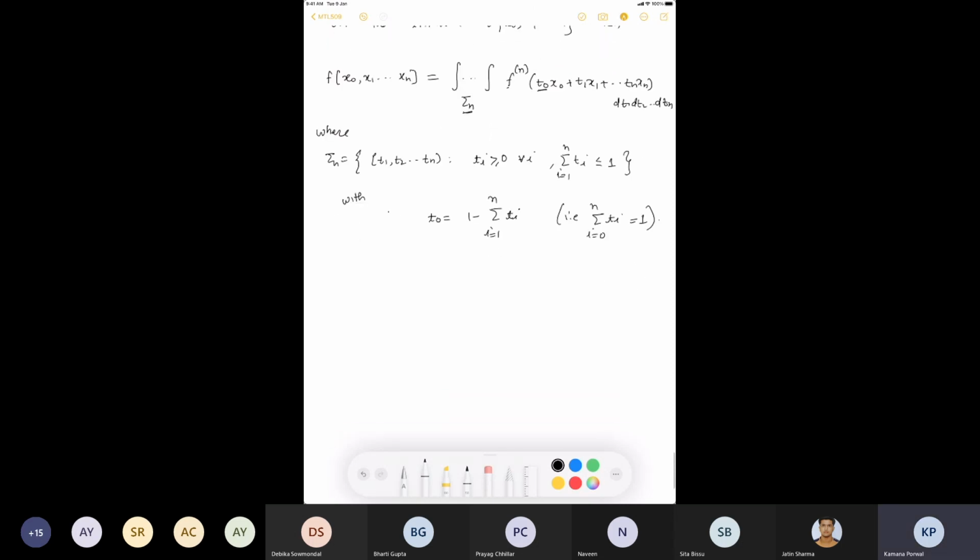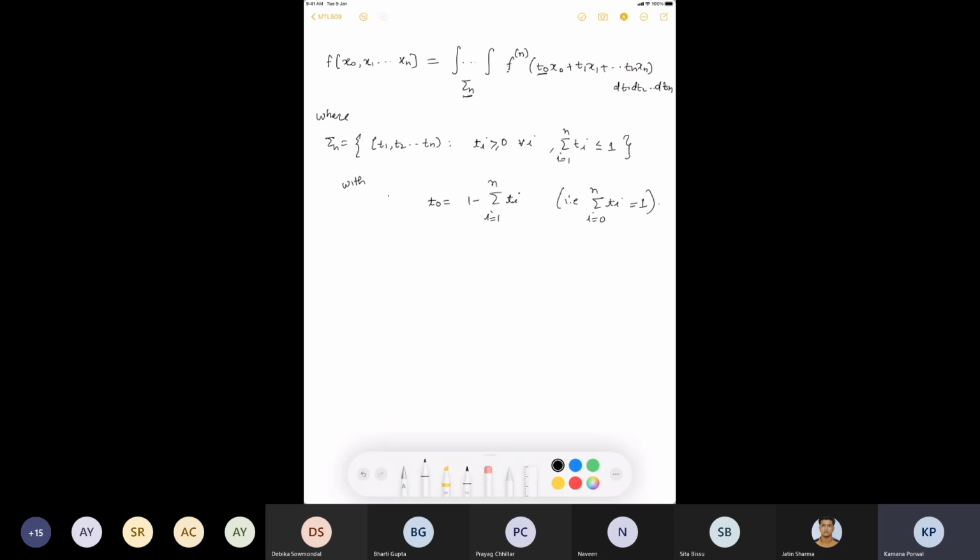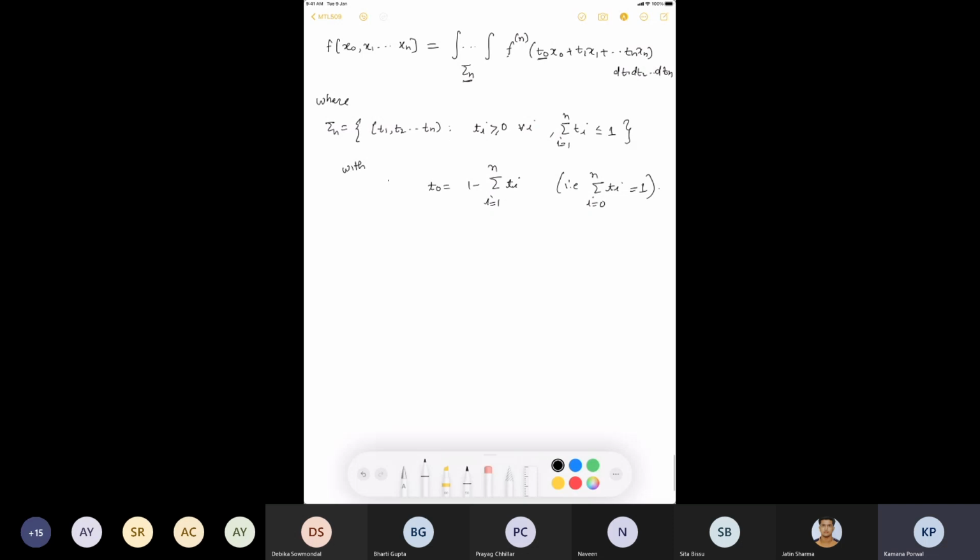Let's try to visualize this region tau n, which will then make it easy for us to prove this theorem. So what is tau 1? Tau 1 is the set of all t1 such that t1 is greater than or equal to 0 and t1 is less than or equal to 1.